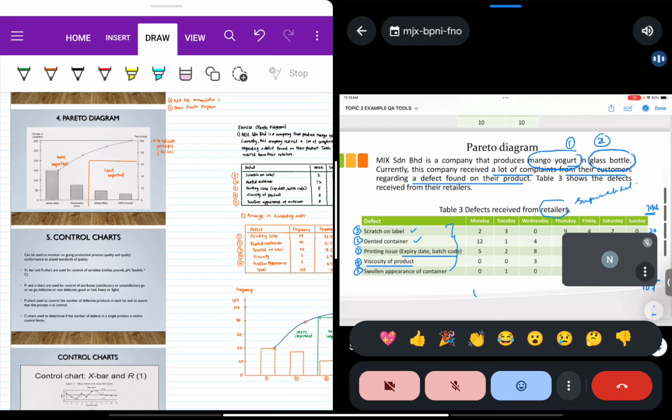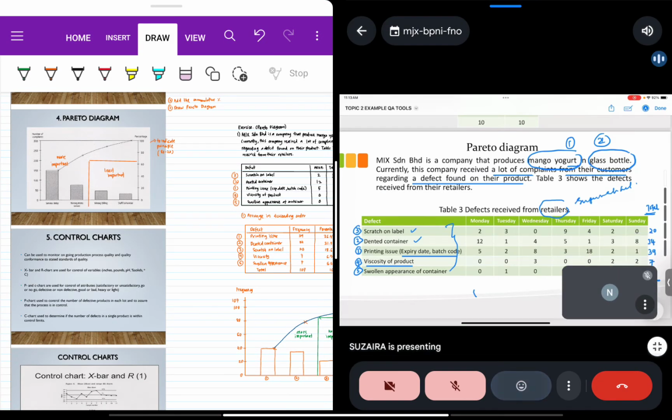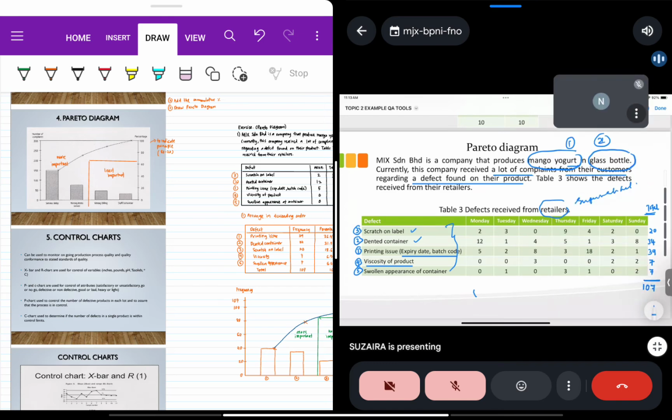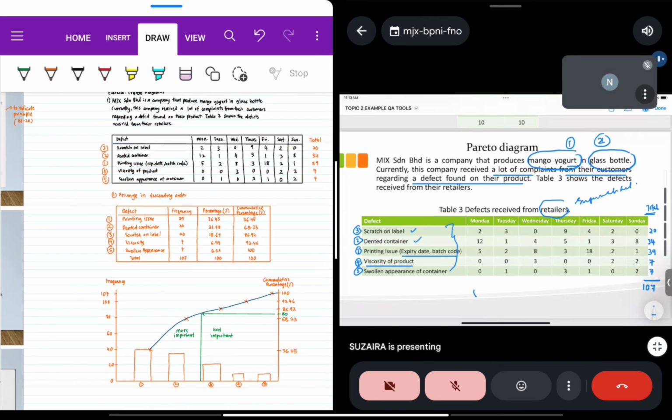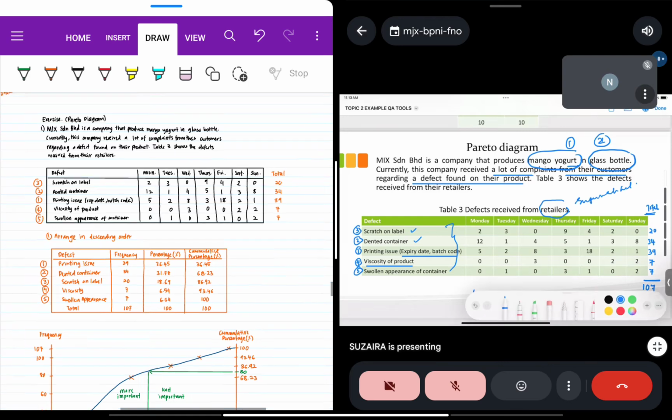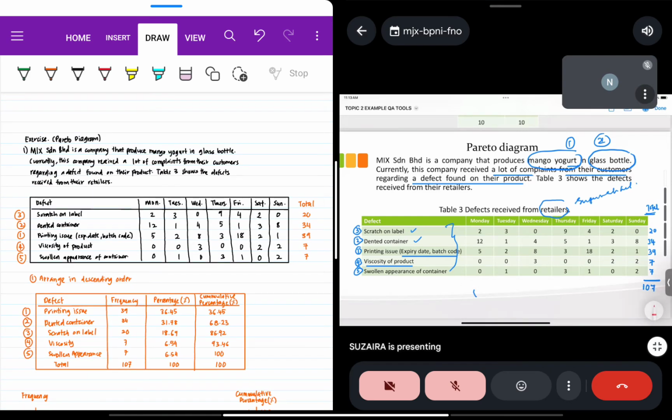All right. So now what we need to do is we have to calculate the percentage for each of the defects. Okay, so kat sini percentage ya. So the percentage, this is not the cumulative percentage. So the percentage for each, for example, 20 divided by 107.